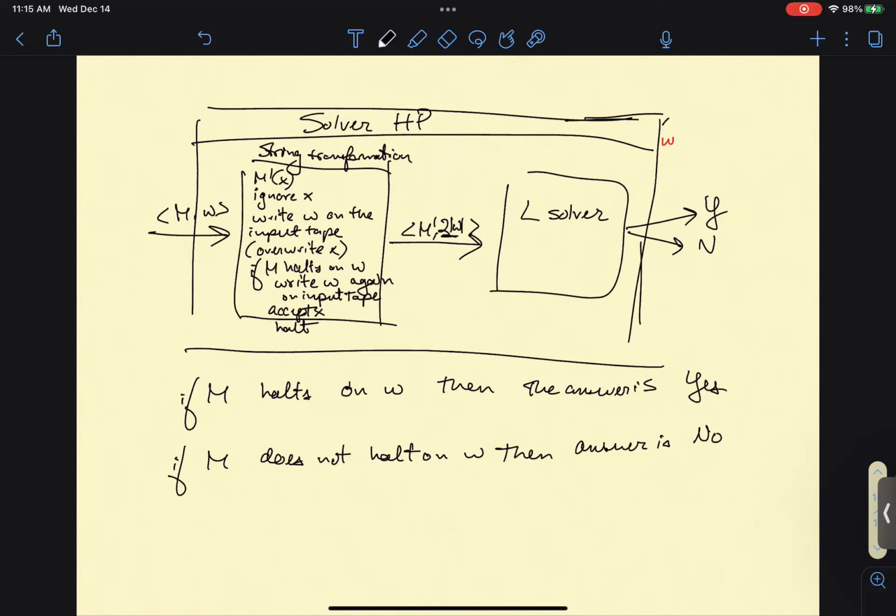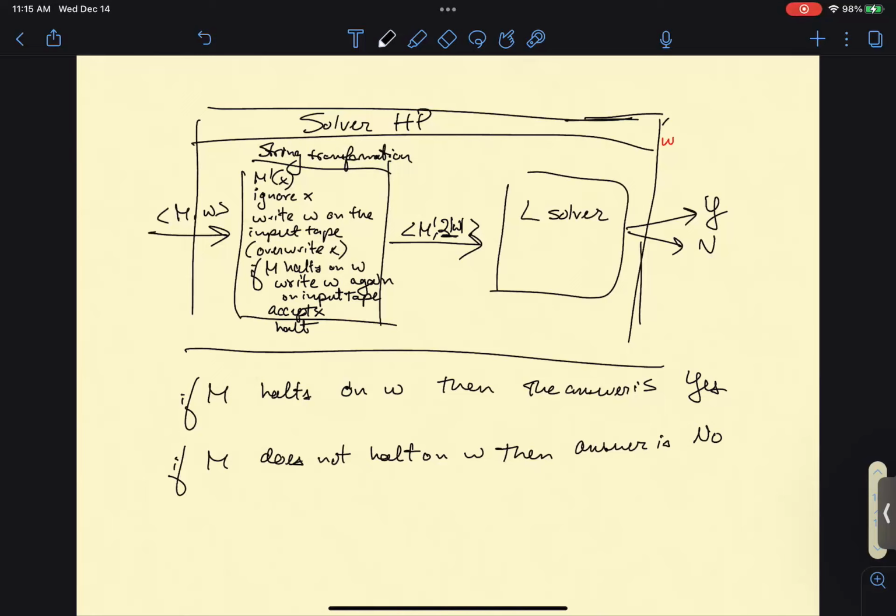What if W is empty? That's a good point. Before I answer your question, what if W is epsilon? That doesn't quite work. Yeah, write something else, maybe an A, whatever, write something.